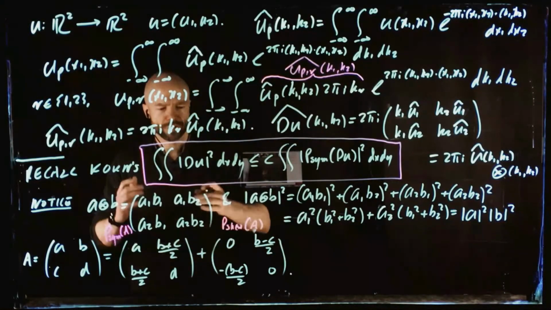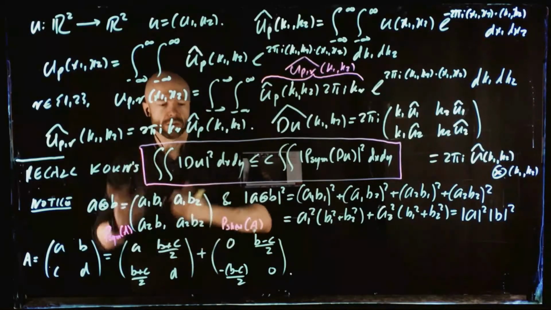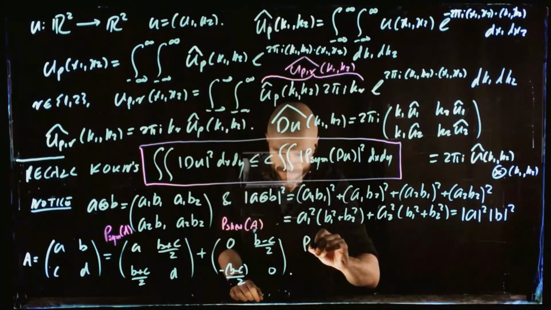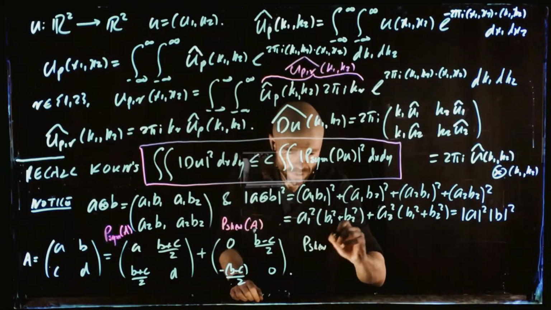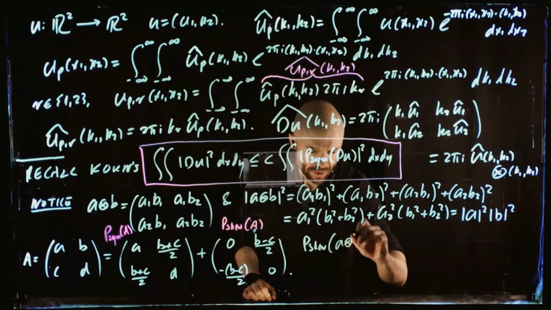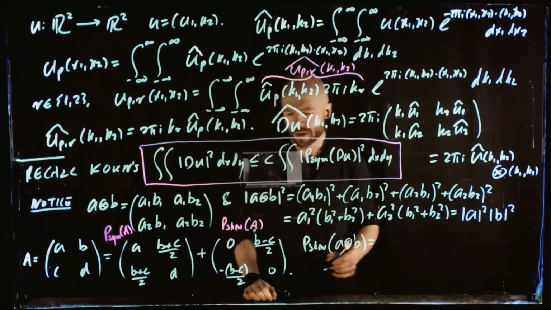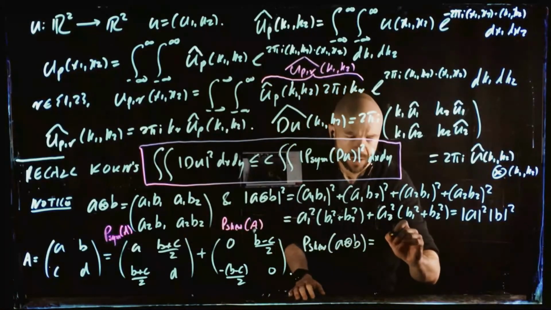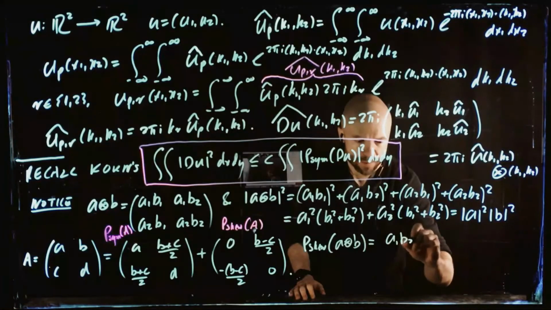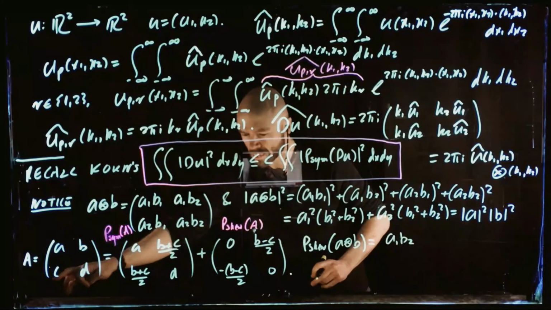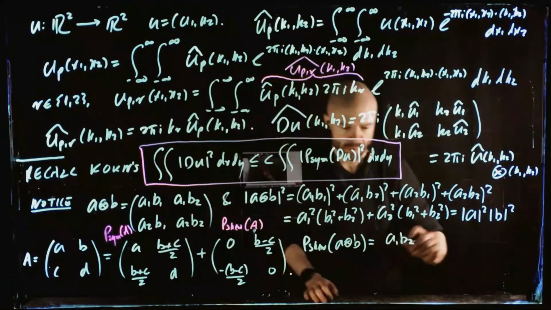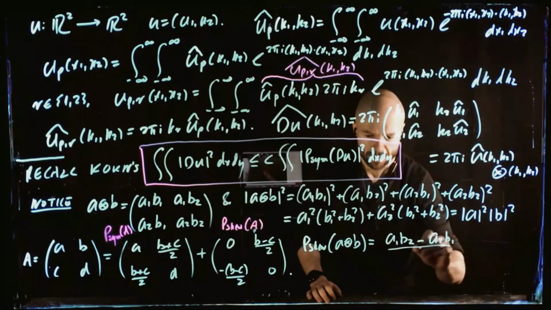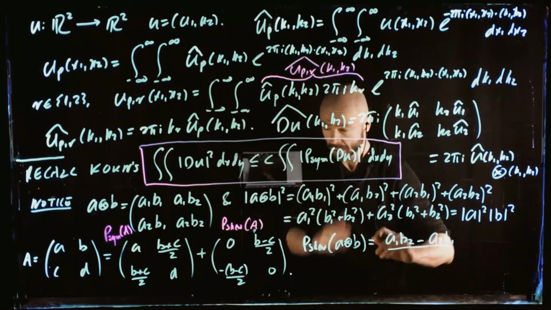when we take the projection of a rank 1 matrix onto the skew symmetric matrices. Let's see what we get. So P skew of A tensor B. The B coordinate is this one, so we're going to have A1 B2, and the C coordinate is A2 B1, over 2.